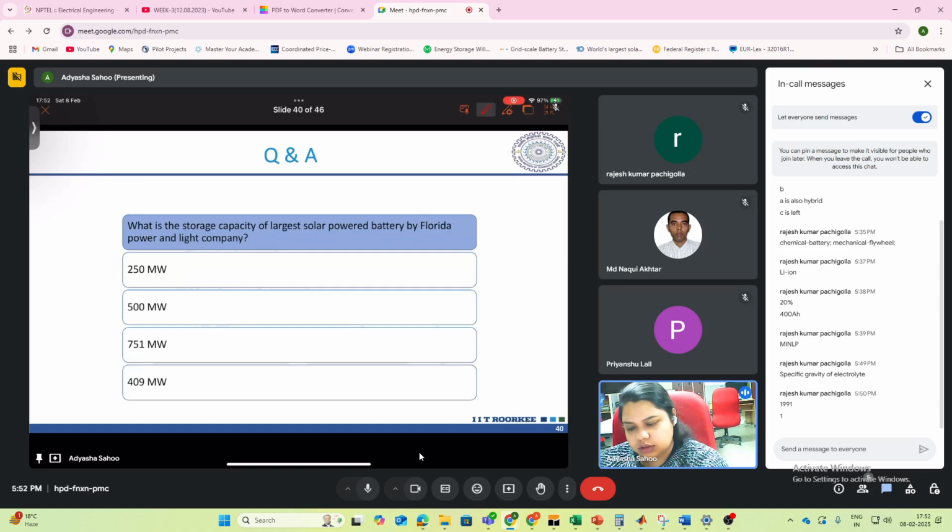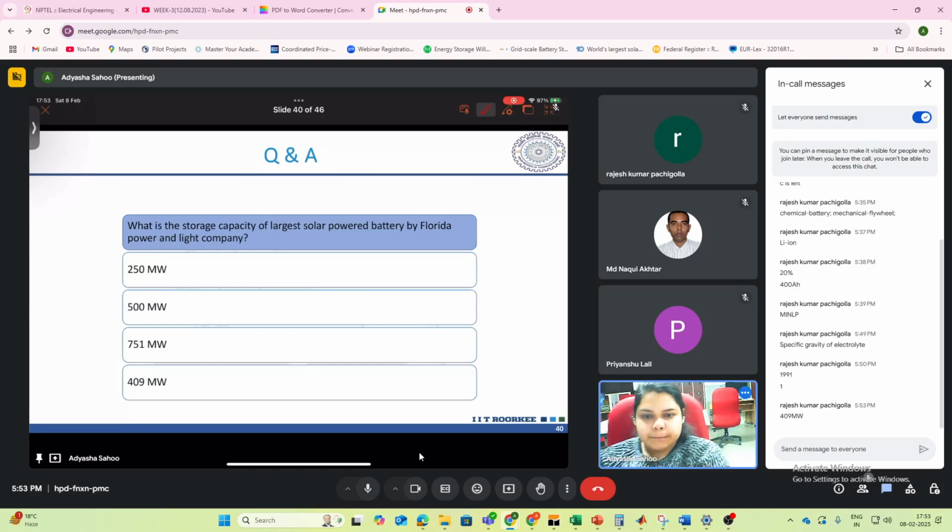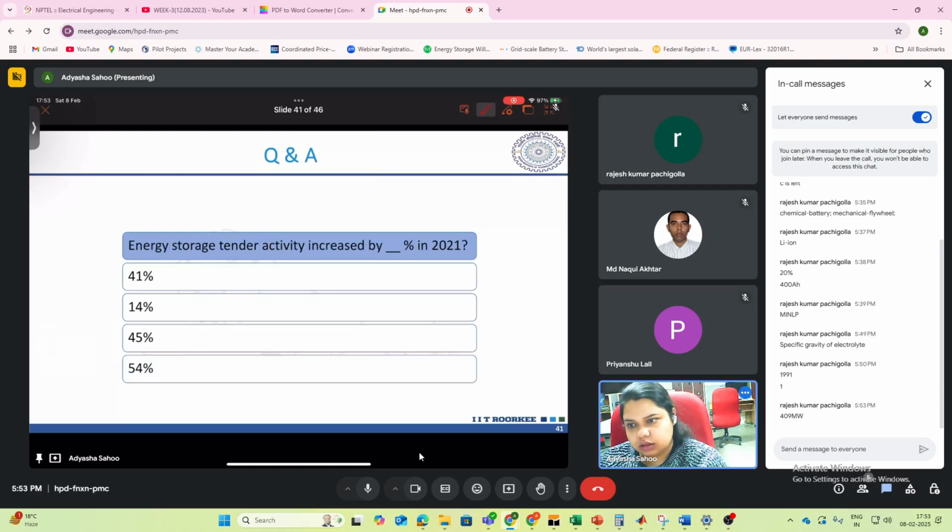What is the storage capacity of the largest solar power battery by Florida Power and Light Company? Yes, it is data based, it is 409 megawatt. Energy storage tender activity increased by what percentage in 2021? Again, it is data based, it is 41%.